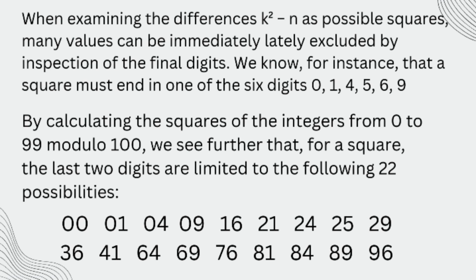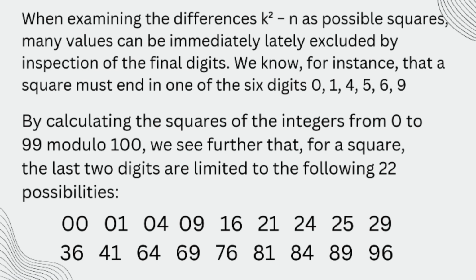When examining the differences k squared minus n as possible squares, many values can be immediately excluded by inspection of the final digits. We know, for instance, that a square must end in one of the 6 digits, 0, 1, 4, 5, 6, and 9.